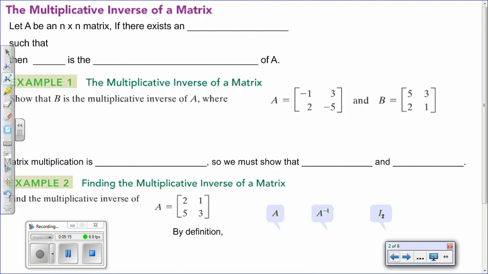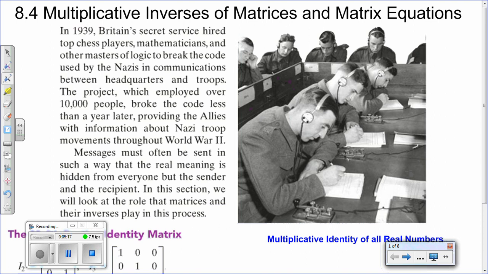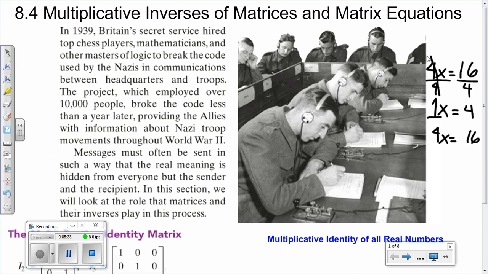In a sense, it's the exact same thing as what we do with numbers. Let's say you have an equation such as 4x equals 16, and you want to solve for x. You divide by 4, correct? You do that because you want to have just x by itself, or 1x. But what you are doing, in fact, is multiplying by the multiplicative inverse of 4, and that is 1 over 4.